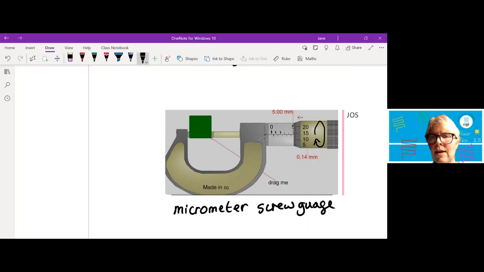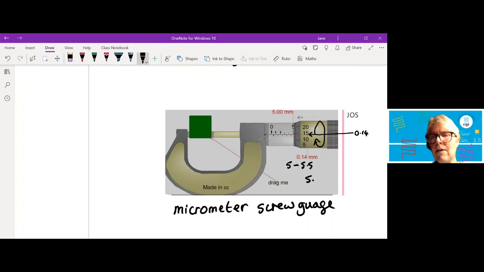So this line down the middle lines up and you've got a reading here of 0.14 that you add on to the 5 millimetres, because it's in between 5 and 5.5. I can't see the 0.5 line here, so it must be between 5 and 5.5.